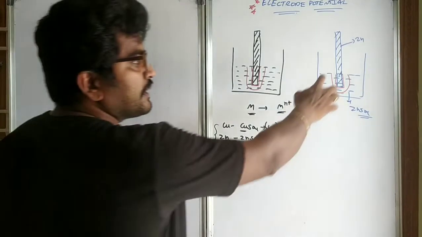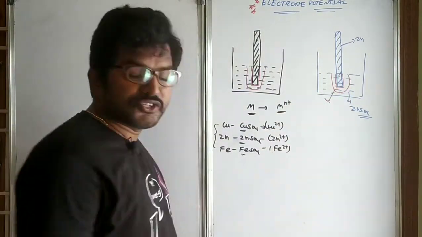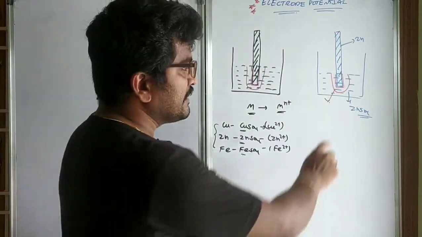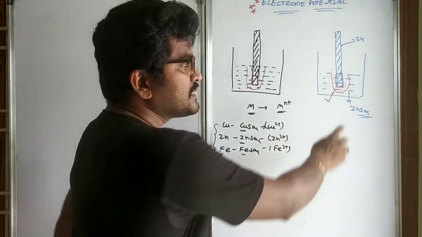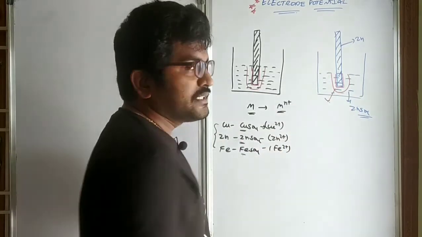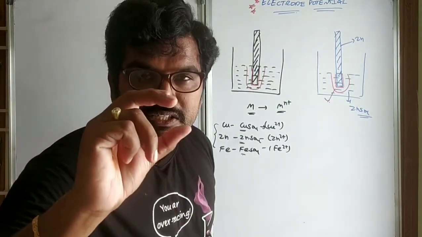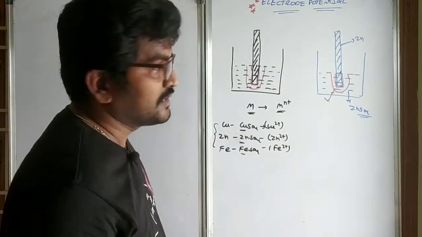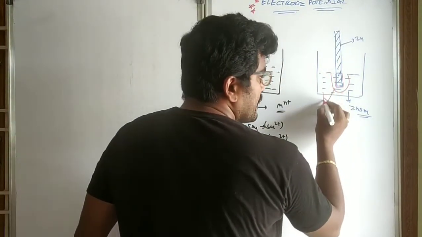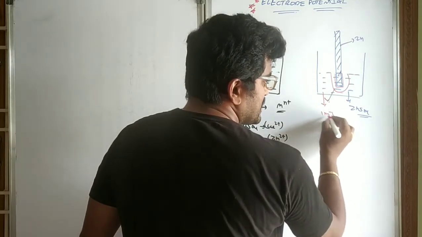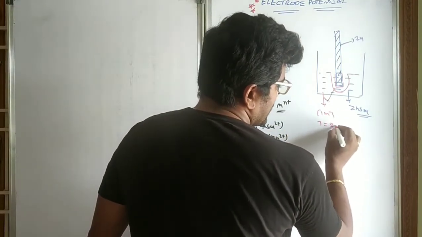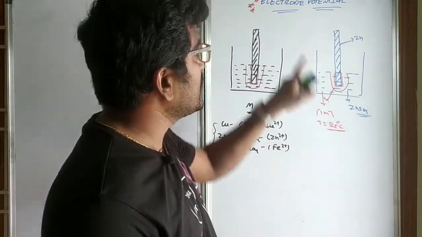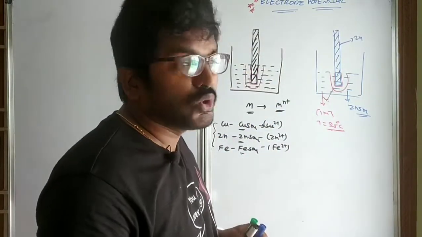So whenever a metal is dipped in electrolytic solution having the same metal ion, some potential difference arises between the surface of the electrode and the surrounding electrolyte. That potential difference between them is known as the electrode potential. If the concentration of the solution is 1 molar and temperature is 25 degrees centigrade, then we call it the standard electrode potential.